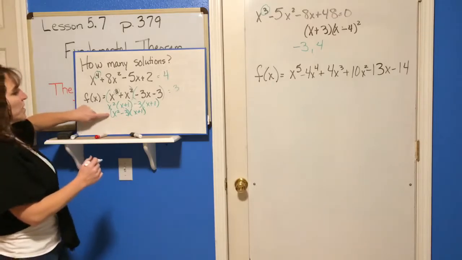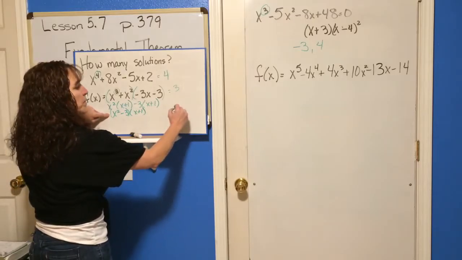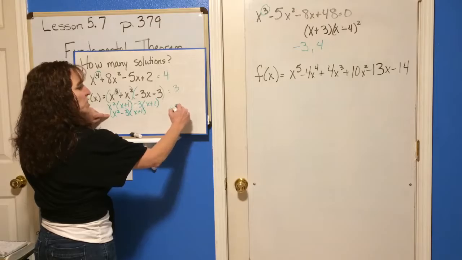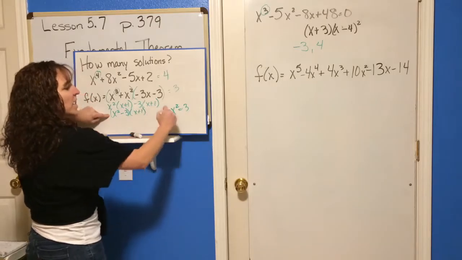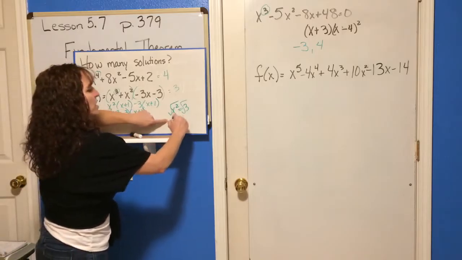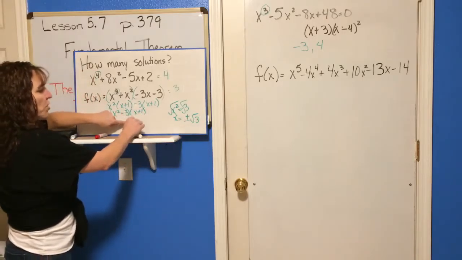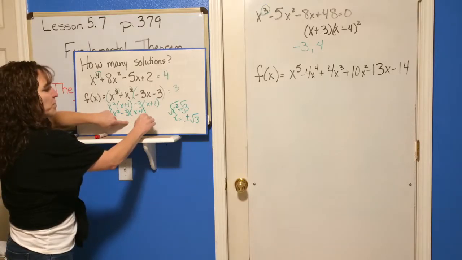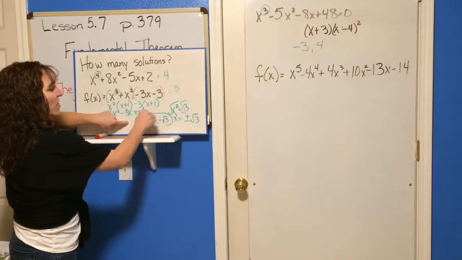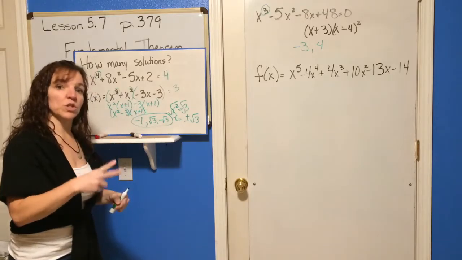Well, no, because if you set this x squared minus 3 equal to 0, you add 3 to both sides, and x equals plus or minus the square root of 3. So your solutions here are -1, the square root of 3, and negative square root of 3. You can write that as plus or minus the square root of 3. And so that's 2 different solutions.